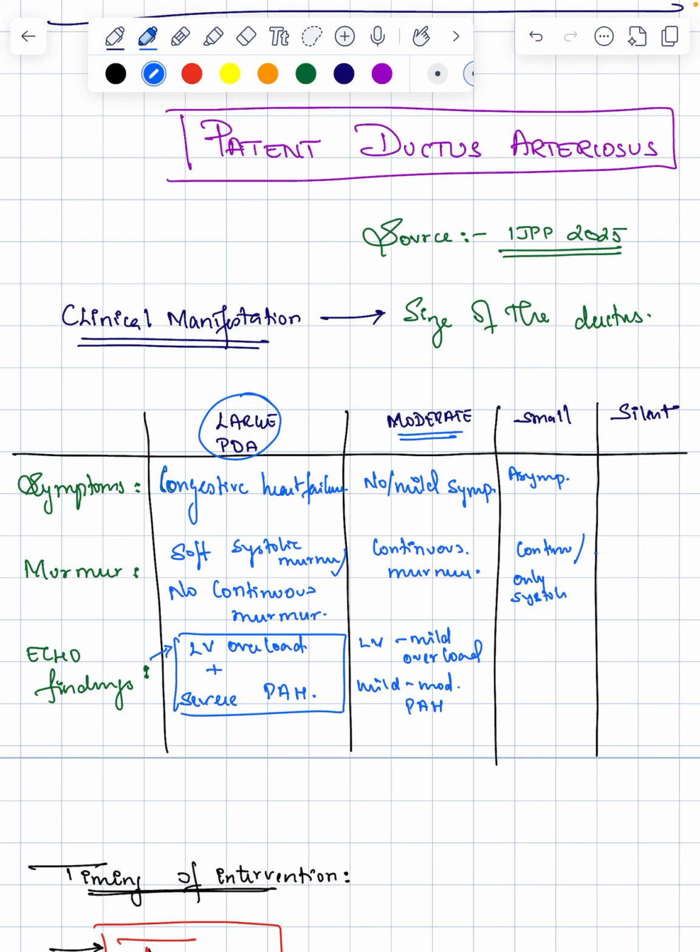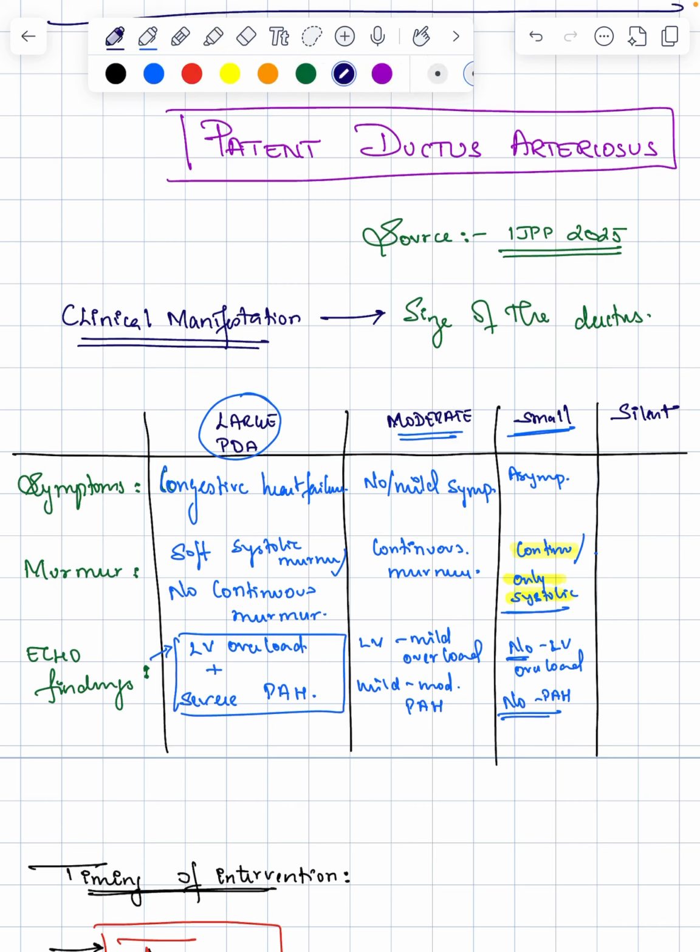On echo findings, there is no left ventricular overload and there is no pulmonary hypertension. This is for a child with small PDA. So the only finding here will be a continuous murmur or only a systolic murmur.